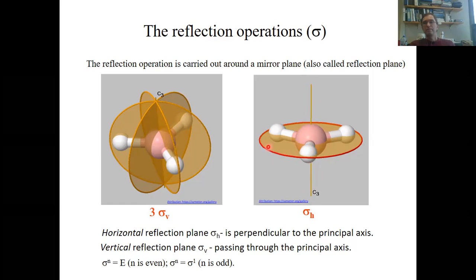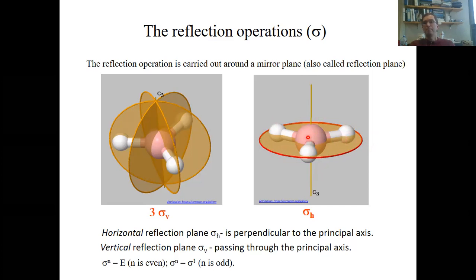And we have here a horizontal mirror plane that stands perpendicular to this C3 principal axis. So note that when we carry out the symmetry operation associated with this mirror plane, reflecting at that mirror plane, then none of the atoms move.